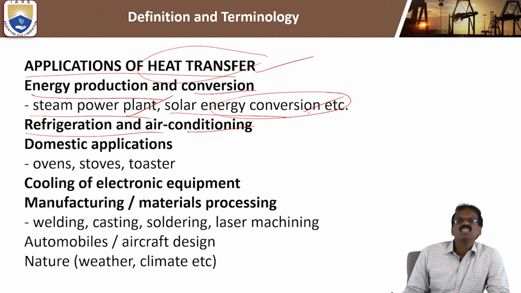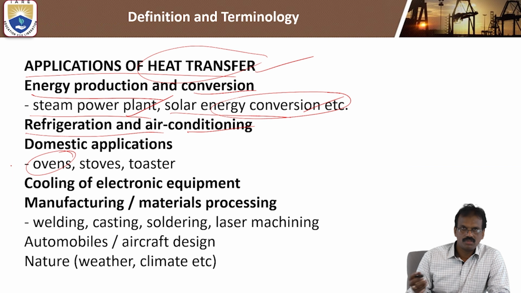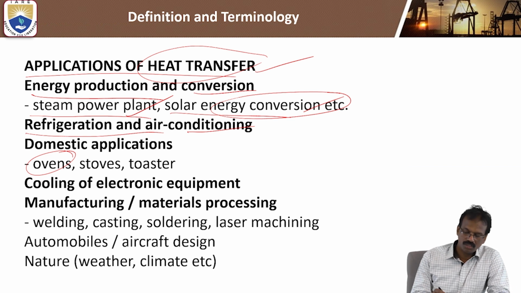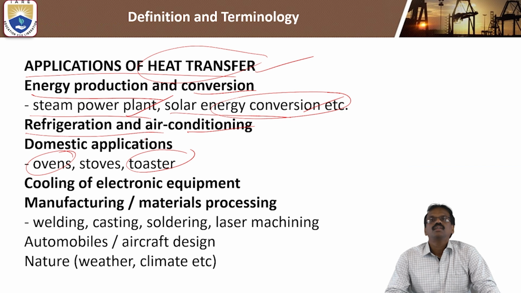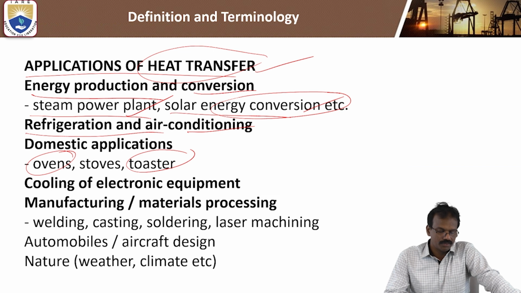Refrigerating systems, air conditioning systems also. Next, domestic applications: in ovens, we'll see radiation heat transfer; stoves, just like heat conduction; toasting of any objects. Here also heat transfer. So the need of heat transfer is very huge in many areas.